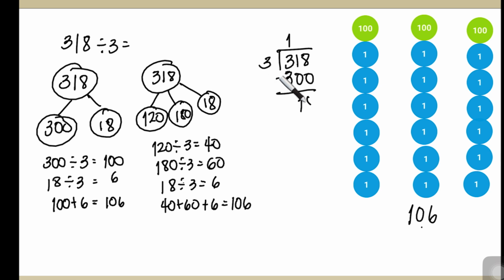If you want to divide the 1 ten first, 1 divided by 3, there's none, so you can continue. If you don't want to get confused, you can put it that way. And then we proceed with 18 ones. 18 ones divided by 3 is 6 ones. 6 ones times 3, 18. So there's no remainder.